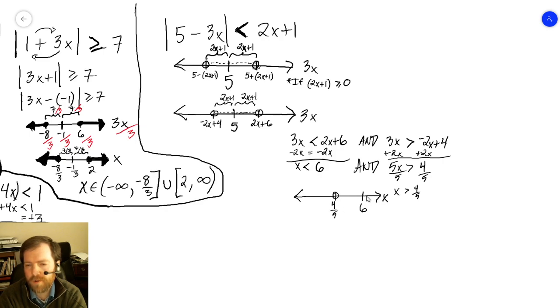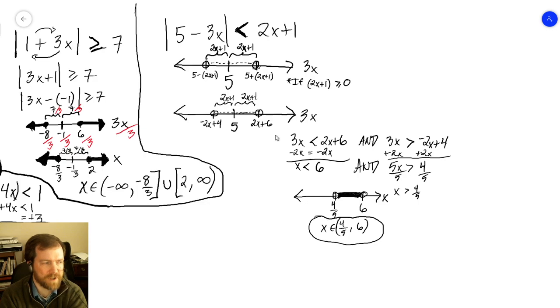We had open circles at both and shaded in between. So this one's a little less interesting. It still gets you a little bit of something that you can work with, but again, it's okay. So x is going to belong to the set from 4/5 up to 6, not inclusive.